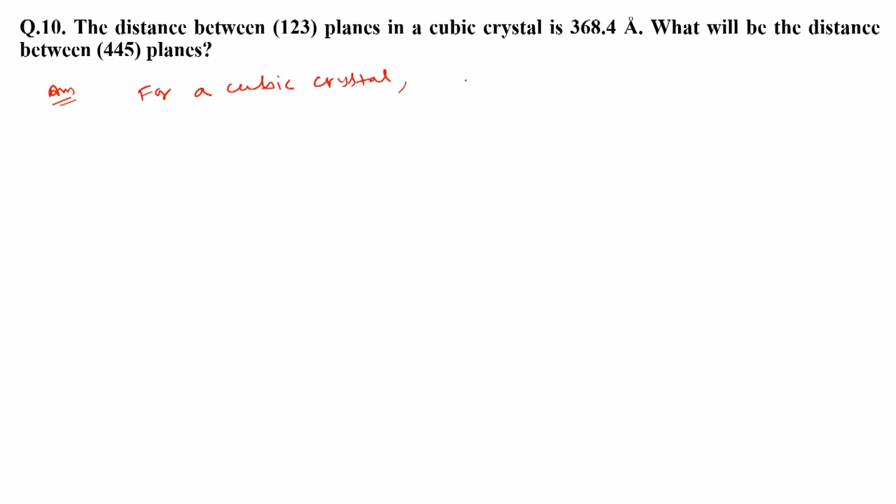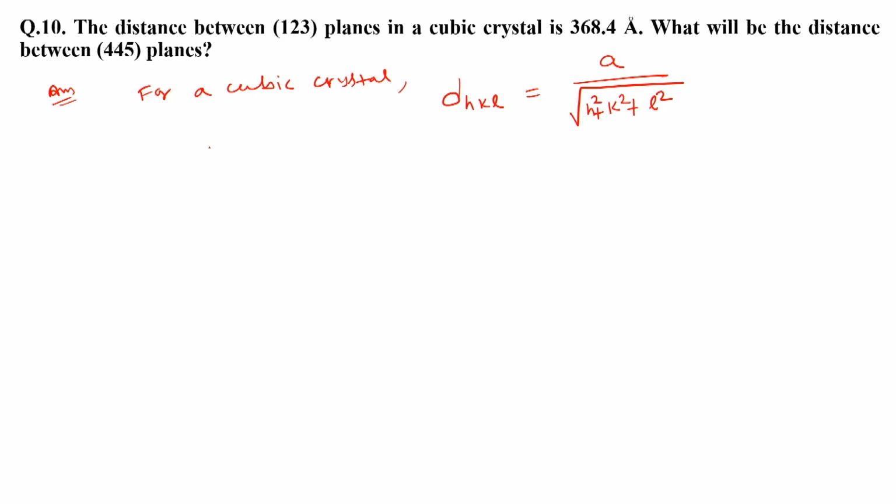So for a cubic crystal we know d_hkl is a by square root of h square plus k square plus l square, right? And d_hkl is given for the 1 2 3 plane.